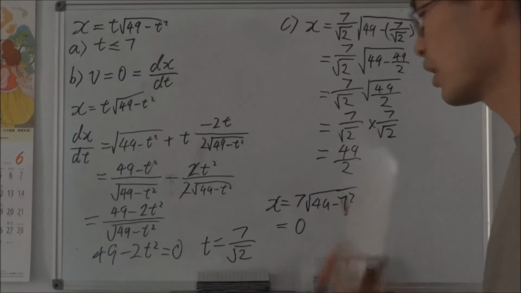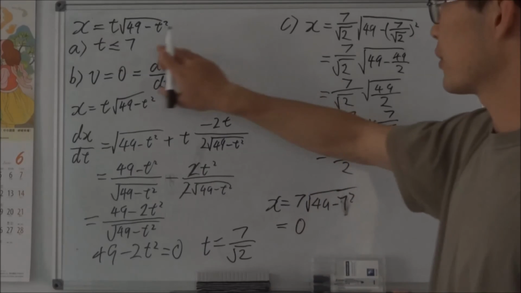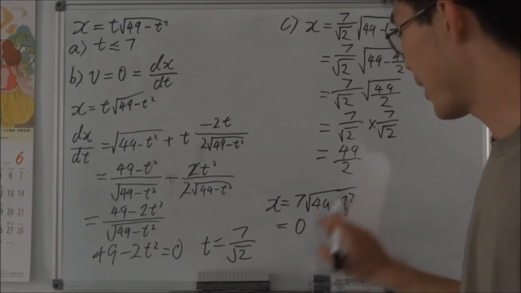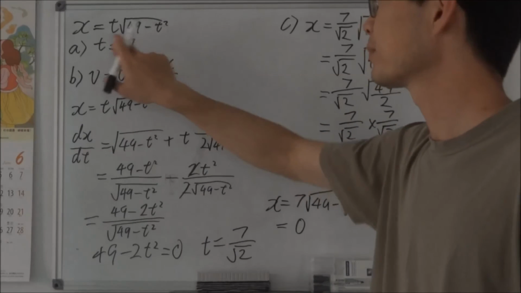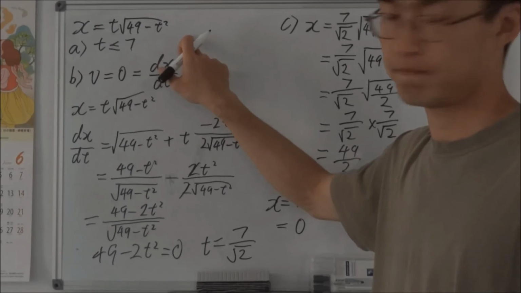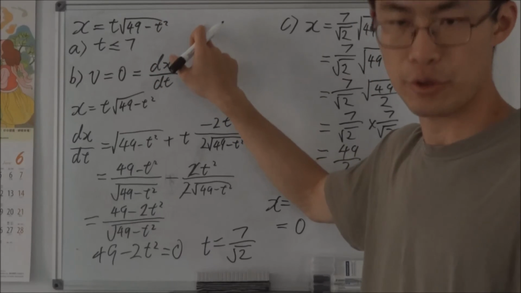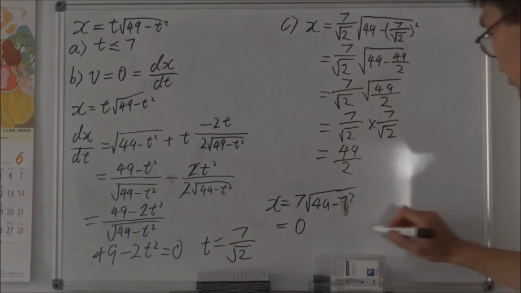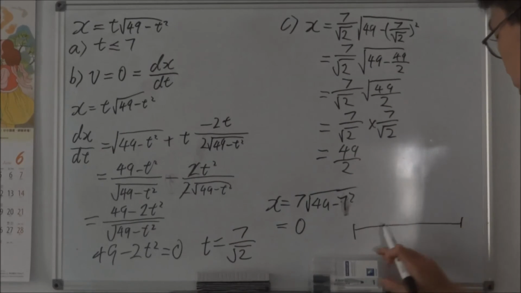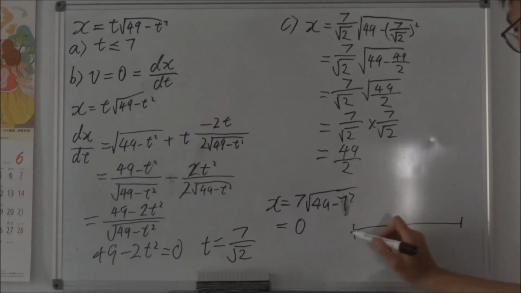So when the time is 7 seconds, the particle has returned to the origin. And when t equals 0, x also equals 0, which means that the particle starts off at the origin.